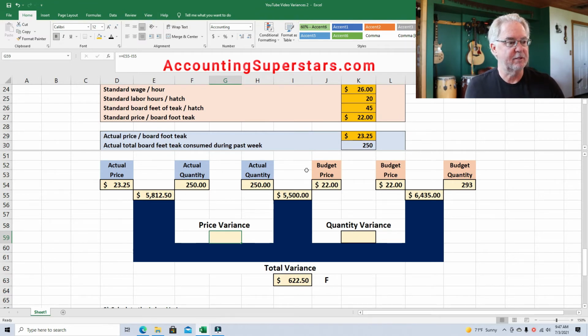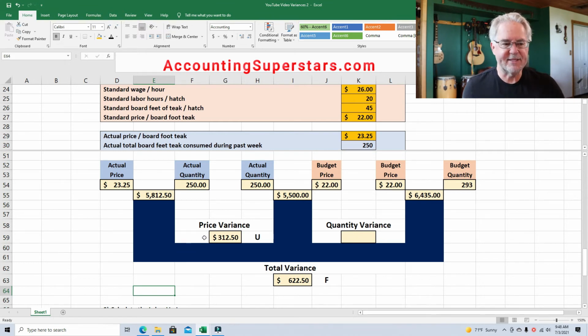So if 5,500 was budgeted and they spent 5,812, well, they're over budget, aren't they? So that's going to be unfavorable.